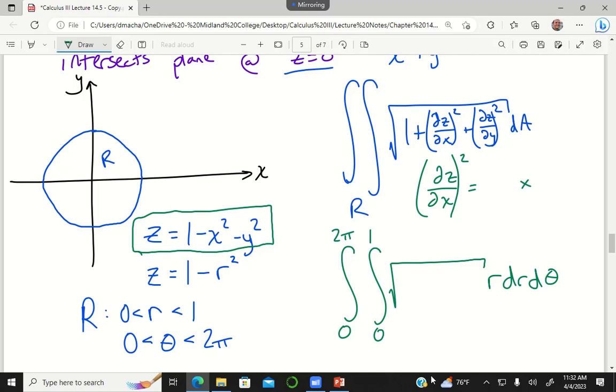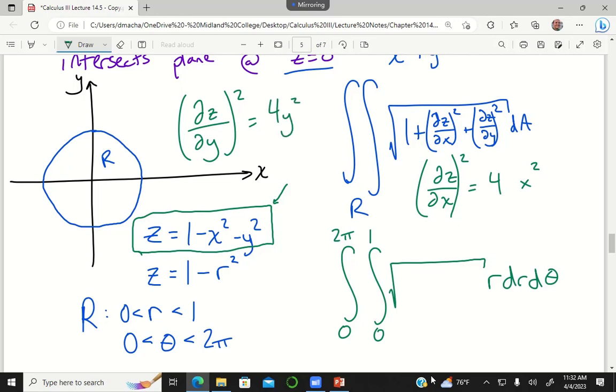And you know that this formula for my surface is symmetric with respect to x and y. And so the partial derivative of z with respect to y squared would just be 4y squared.